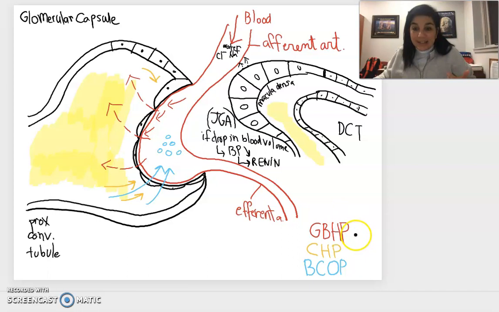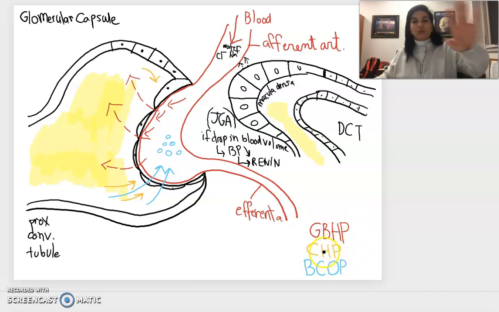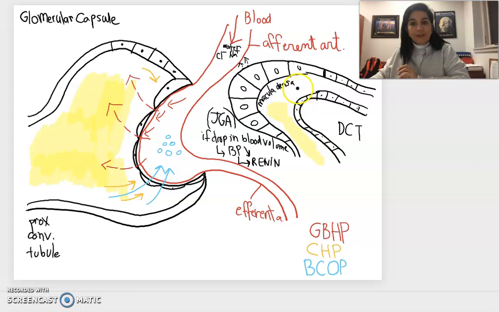Remember, this has to be higher than the other two pressures to make sure that we're constantly pushing fluid into the capsule and creating that urine. If there's not enough blood pressure coming down the afferent arteriole, we're not going to be able to compensate for these other two pressures in the opposite direction.